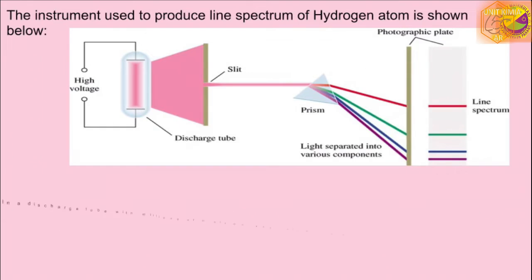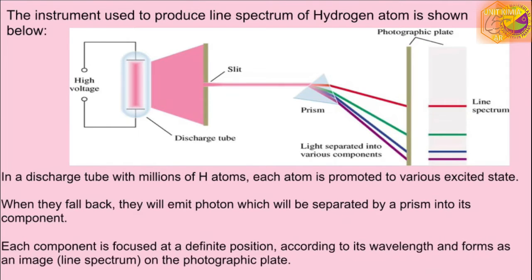The instrument used to produce line spectrum of hydrogen atom is shown below. In a discharge tube with millions of hydrogen atoms, each atom is promoted to various excited states.